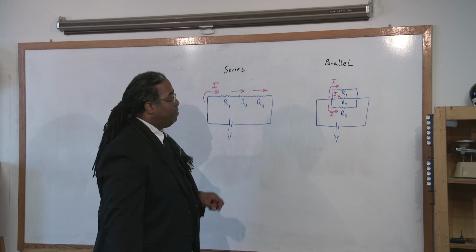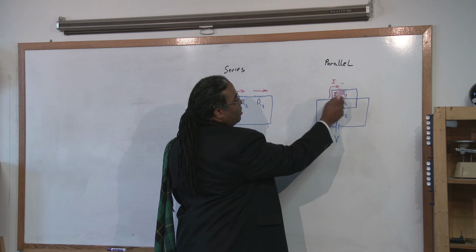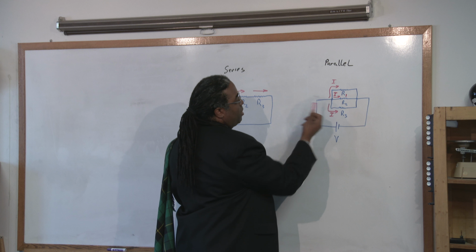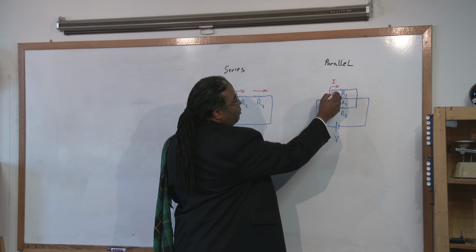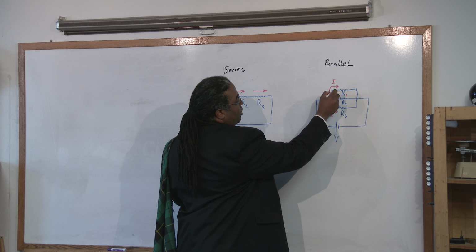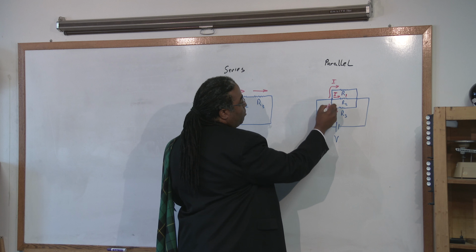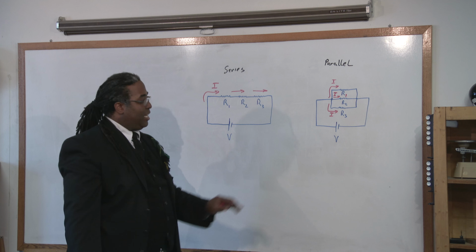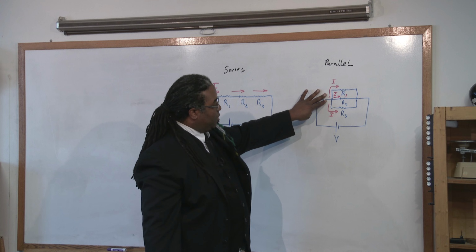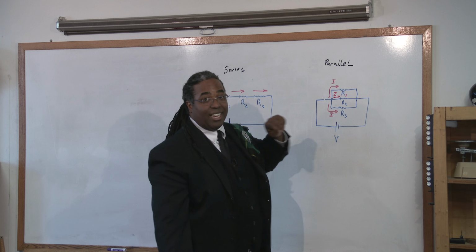The second condition that must be met is that each side of each of the resistors must share the same junction in common. So as you can see, resistor 1 meets at this junction, and it's in common with resistor 2, and it's in common with resistor 3. So they all reference the same point. They do that on the left side of the resistor, but they also reference the same point on the right side.